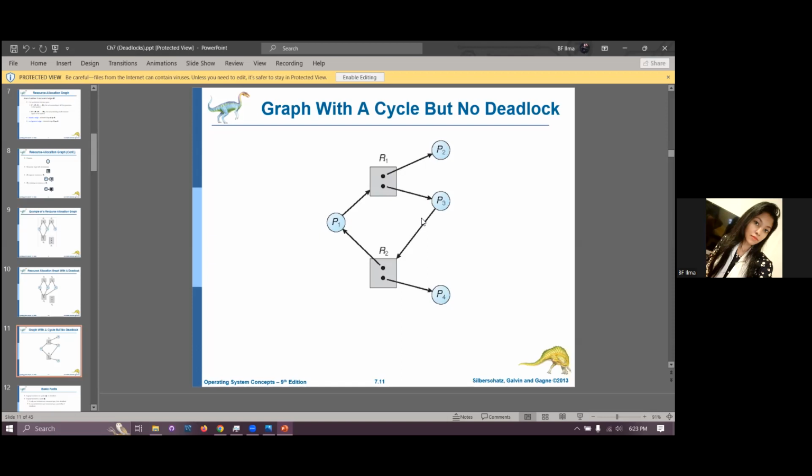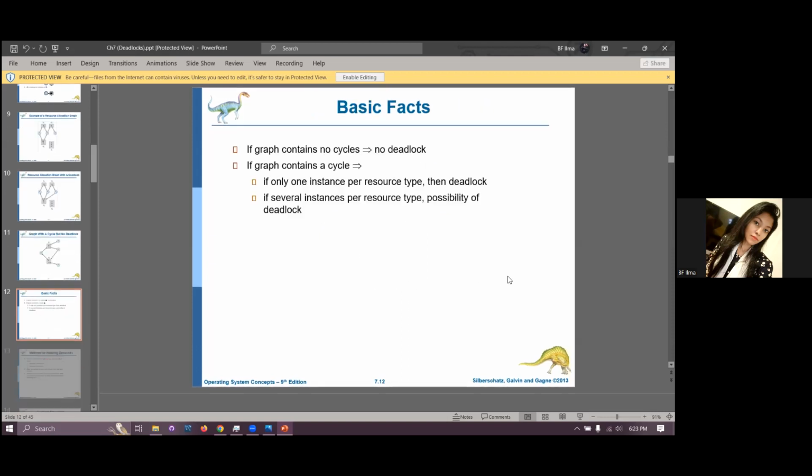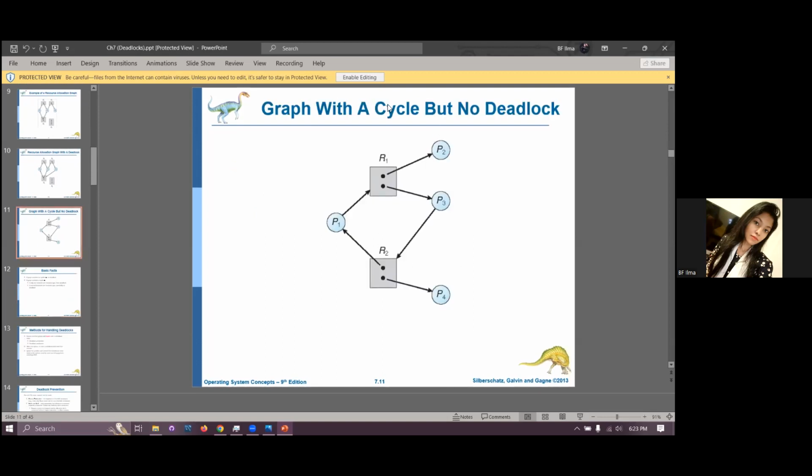But in situations like this, where there are multiple instances, you cannot directly tell by the graph, because this is a graph with a cycle but no deadlock. If you go through this, you can identify that it has no deadlock, even though there's a cycle here.